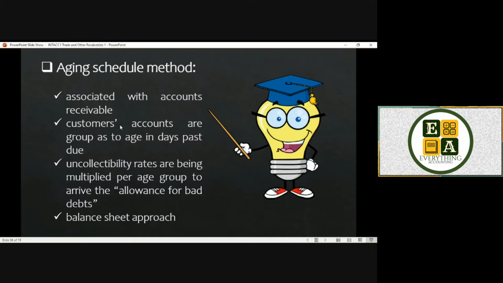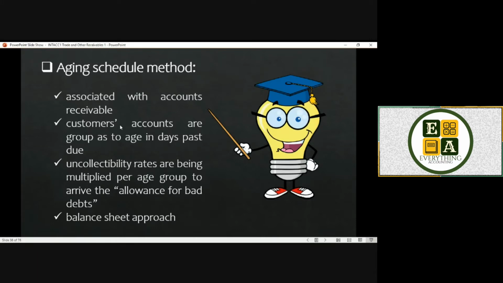Then after classifying each receivable into age in days past due, we have to multiply each age group with the related uncollectibility rate to arrive at the allowance for bad debts per age. Then later on, ito total na lang natin yan.